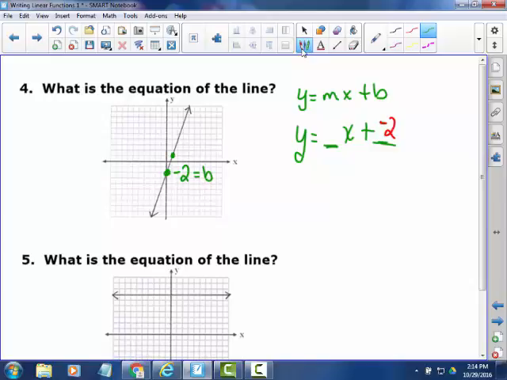So we would count up 1, 2, 3 over 1. So 3 over 1 is our slope, and it's a positive slope because the line is going up. To simplify that, we would simply write y equals 3x minus 2.